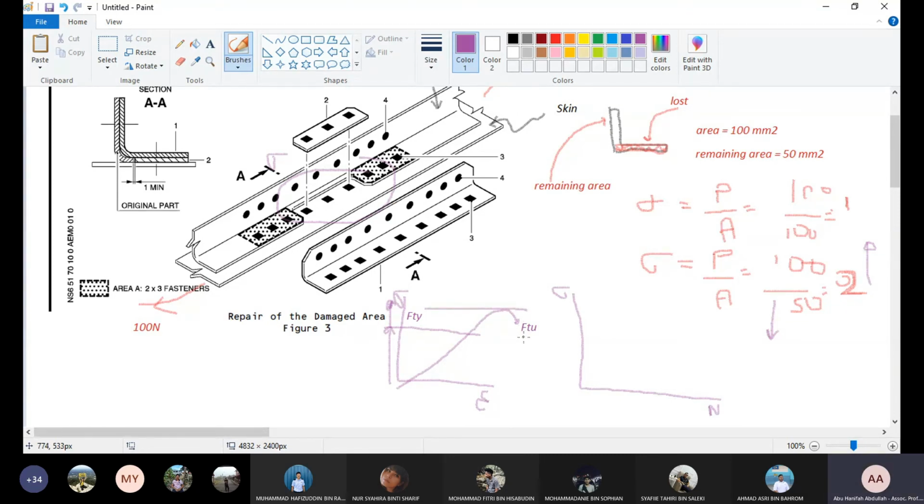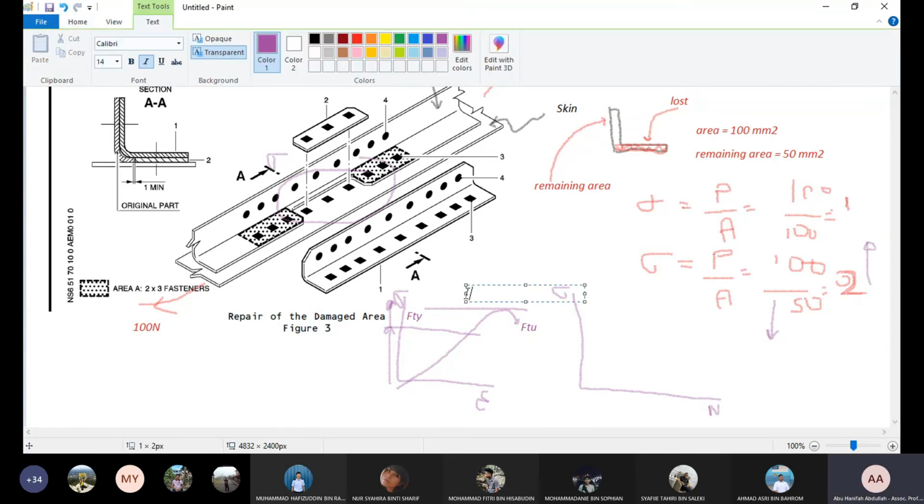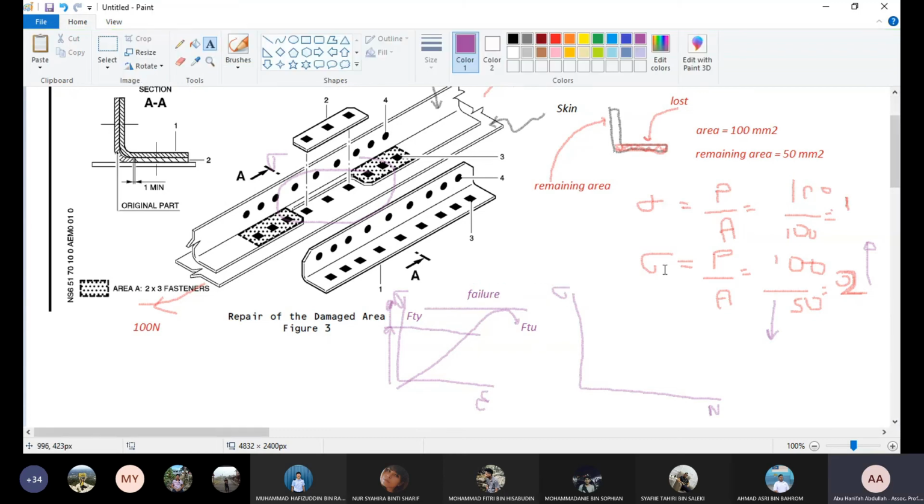If the stress reaches the FTU, the structure will fail. So this is failure, and the structure will break. That's why we want to control the stress. We do not want the stress to become so high that it causes the structure to break.